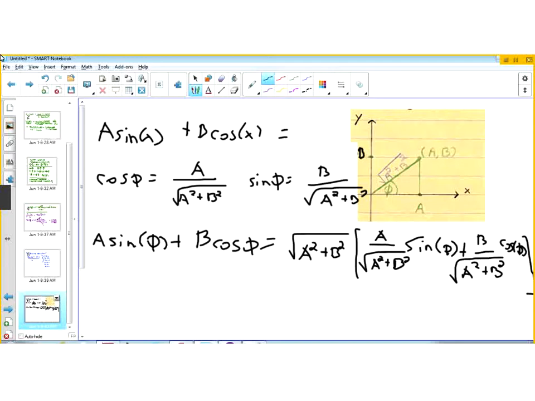Okay, and so then what we'll do is we'll replace, let's see, what do we replace? Did I want to use, no, actually I didn't want to use phi, I wanted to use x. So let me change the argument to x.